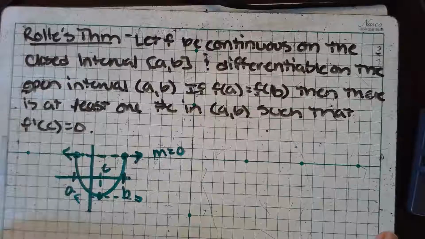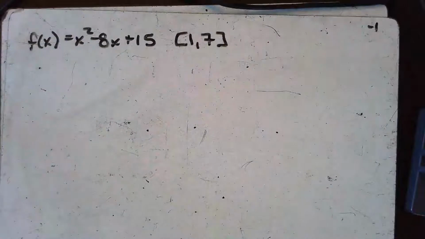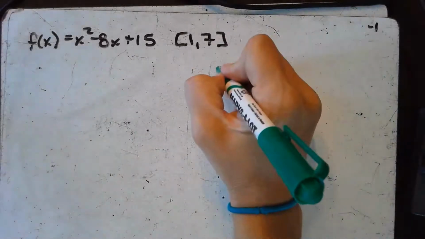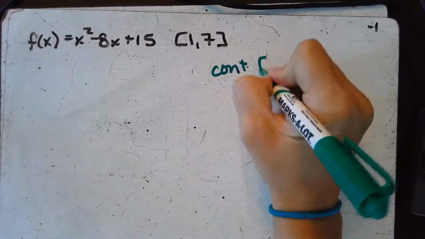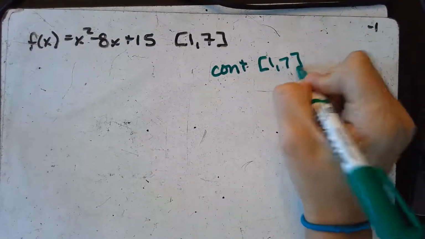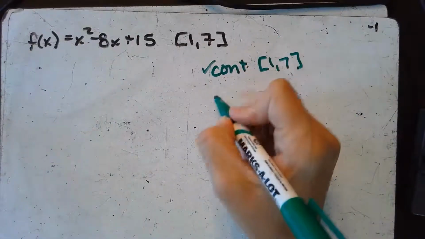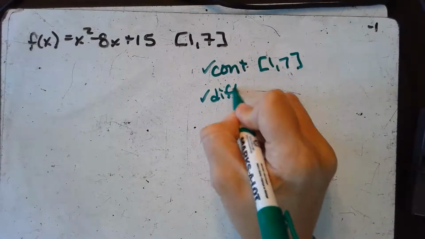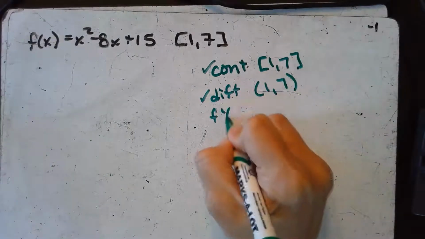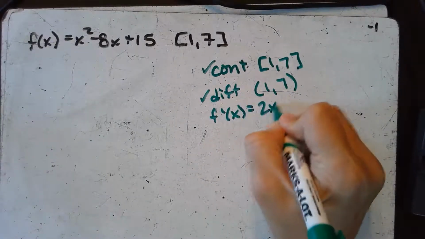All right, let's do another problem. We're going to satisfy MVT. Now, it might actually be a Rolle's, but we'll see. First things first, we have to decide, is it continuous on the closed interval? Okay, and it's a quadratic, so yes it is. Is it differentiable? And I went ahead and checked that off. Some of you are already going to check it off. If you want to find that derivative, you can.